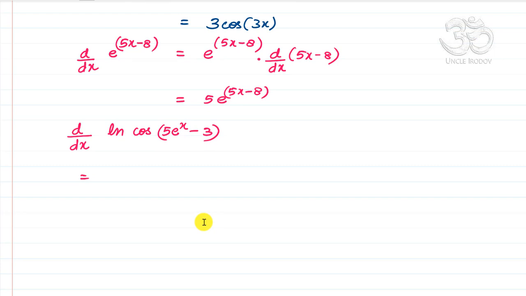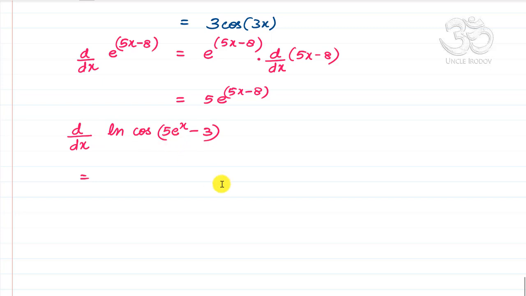First try to identify how many different levels of functions we have. The three functions which you have identified: the first is this innermost one, then cos of something, and then ln of something, which is the outermost one.